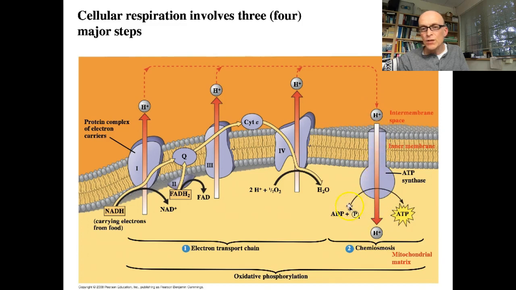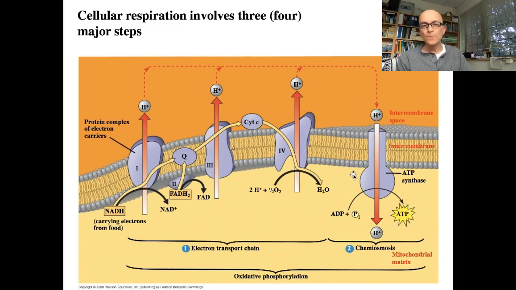That can be used to power this membrane transporter. And it's a very special membrane transporter. It's called ATP synthase, synthesizing, so it produces ATP. And it does that here in the mitochondrial matrix. We'll come back to that at the end, but that's where it all goes.